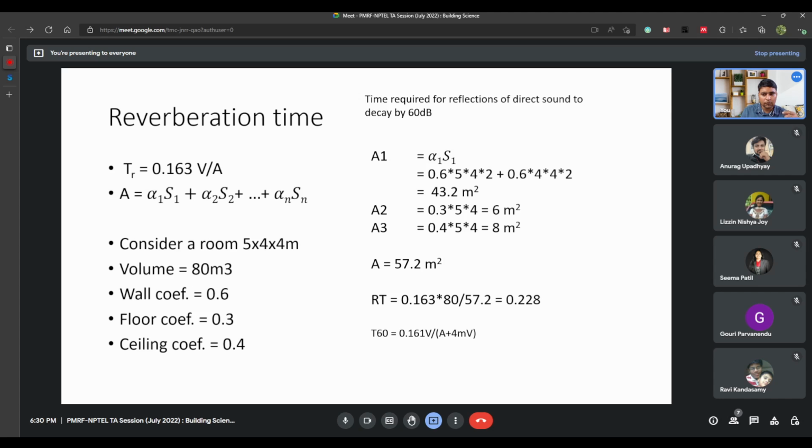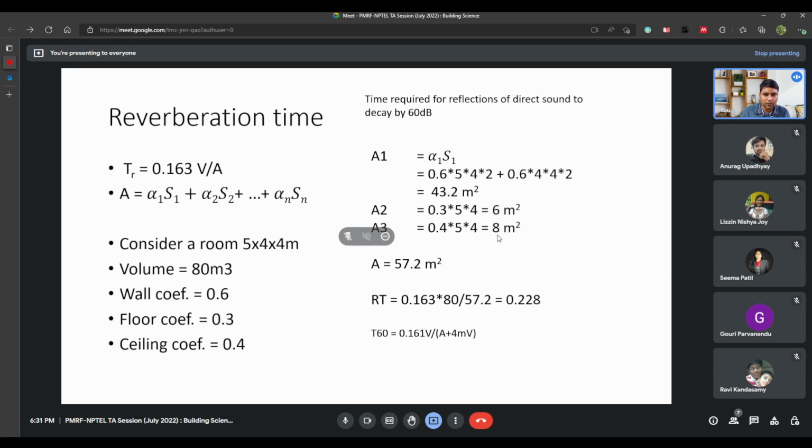We use Sabine's formula to find reverberation time: RT is equal to 0.163 into volume divided by A, where A is called the room constant, measured in Sabins, and calculated using the absorption coefficient of each surface multiplied by the surface area.